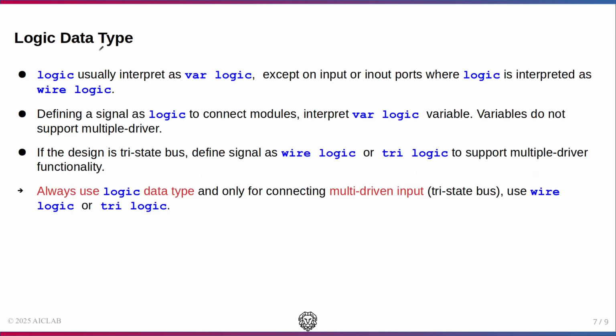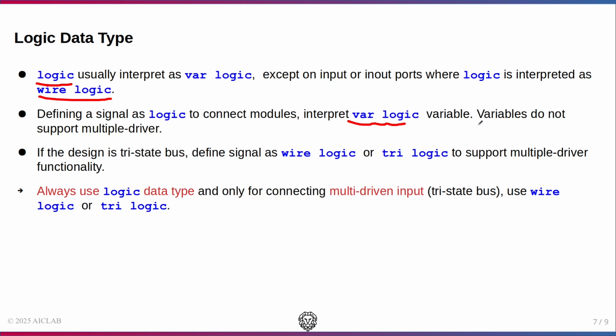Logic data type. If you use logic alone, it usually is interpreted as var logic, except on an input or inout port, where logic is interpreted as wire logic. When you define a logic to connect multiple modules together, the tools interpret var logic.